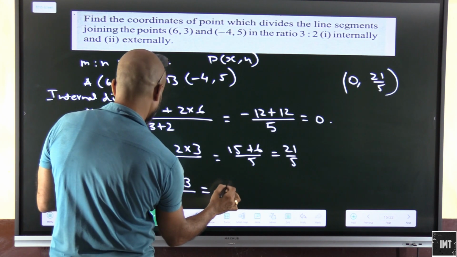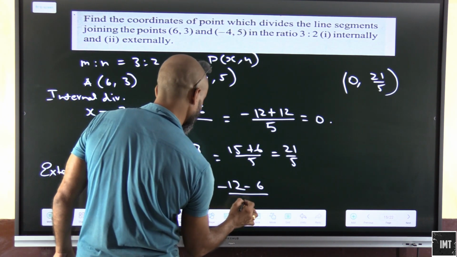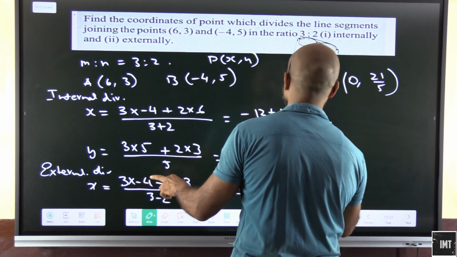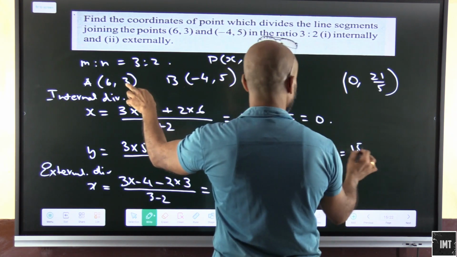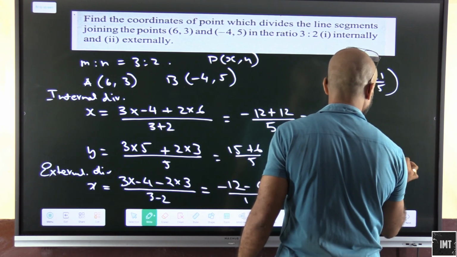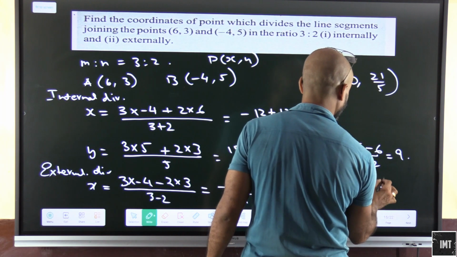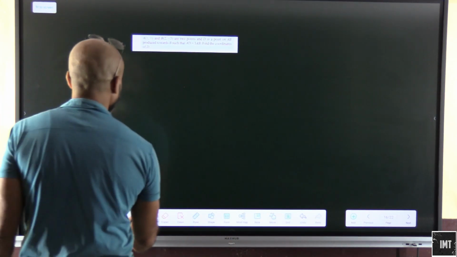So this will be -12 and -12 upon 1, that is -24. Again y here will be 3 into 5, that is 15, minus 2 into 3, that is 6, upon 3 minus 2, that is 1. So this will be 9. Okay, all right, pretty easy problems.